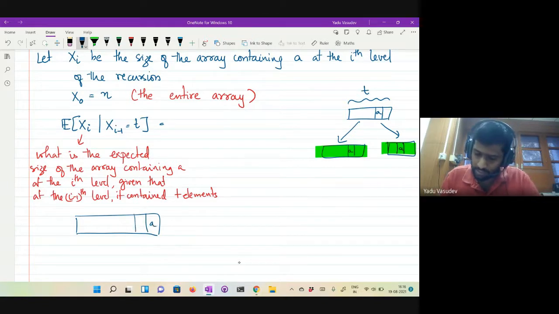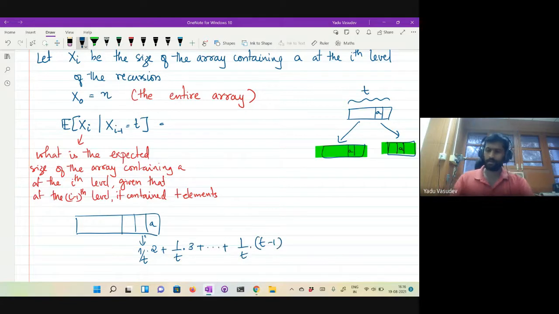If you choose this element, the probability of choosing it is 1 over t, right? And in this case the size is 2. Or you can choose this element, in which case the size is 3, and so on. This is what you're saying, right? Yes. T minus 1, it can go this way.